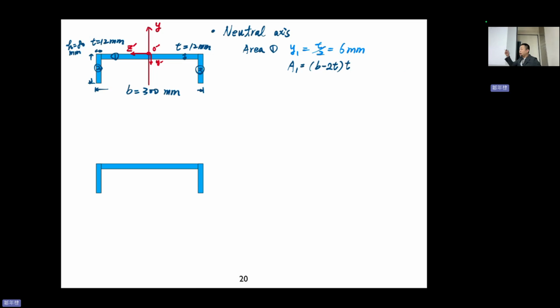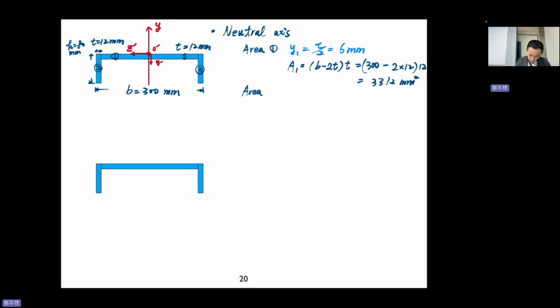B minus 2t, there are two thicknesses, and times the thickness itself. So you get 300 minus 2 times 12, times 12, equal to 3312 millimeter square. Okay, how about area 2?